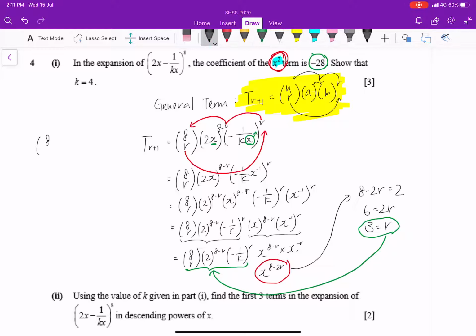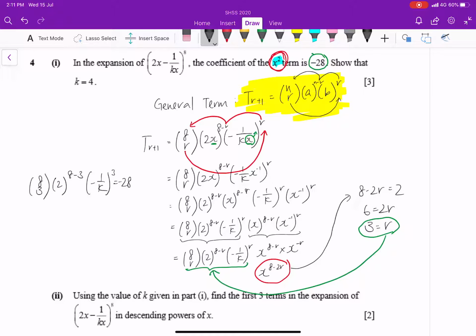So this is 8C3, 2 to the power of 8 minus 3, minus 1 over k to the power of 3, and that will give me negative 28. Now I can solve for the value of k.